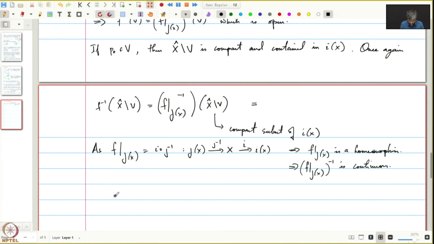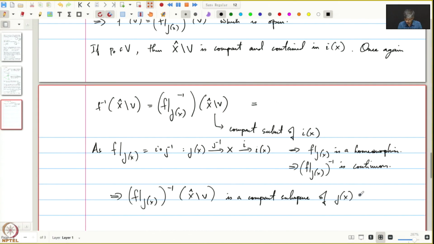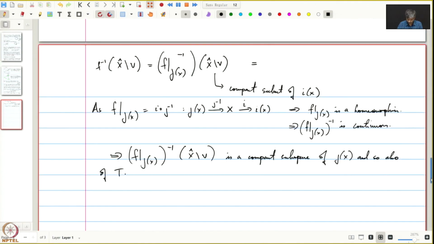Right? So this implies that F restricted to J of X inverse of X hat minus V is a compact subspace of J of X, and so also of T, right?